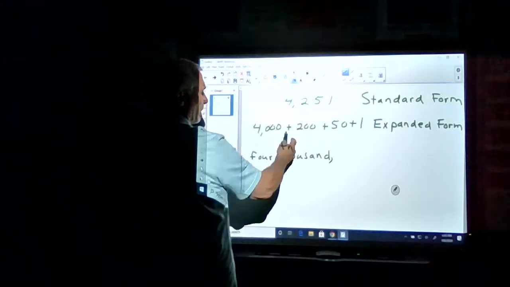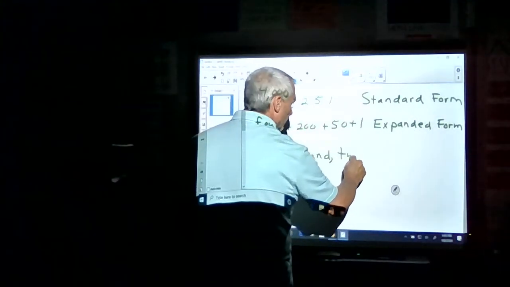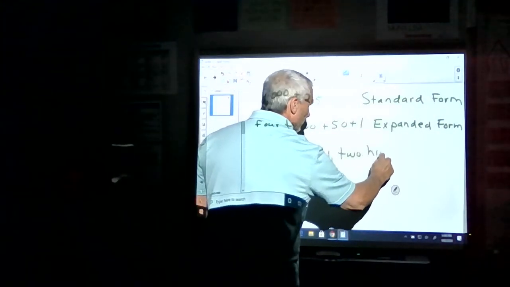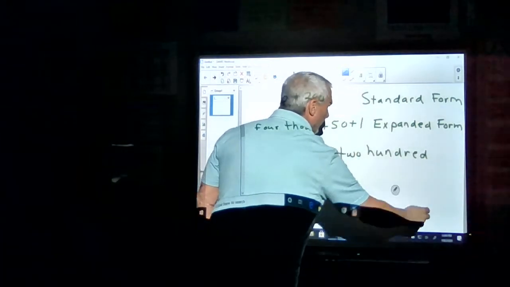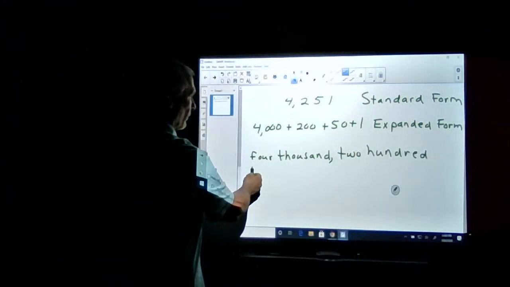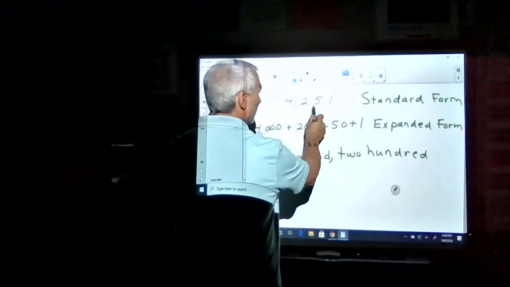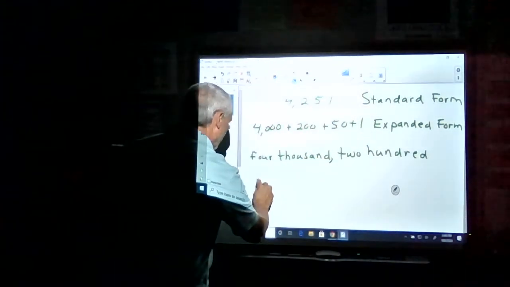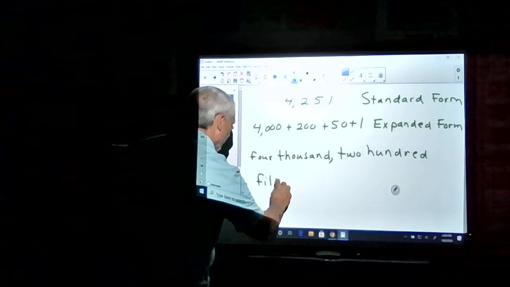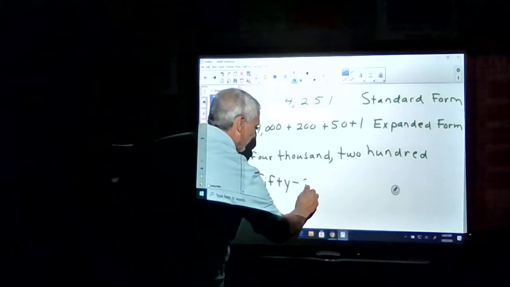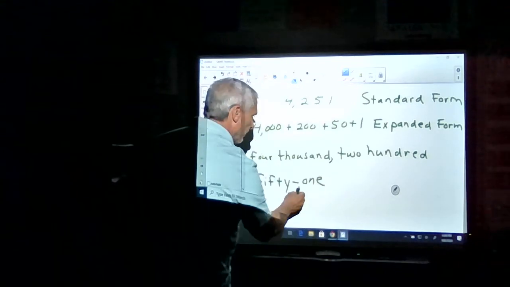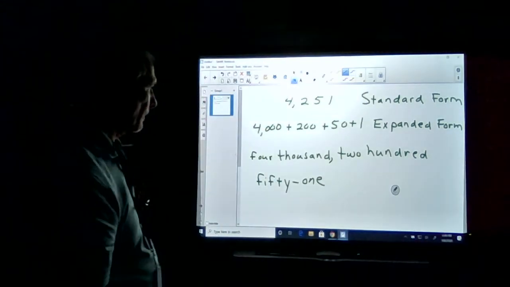Now this is 200, spelled 2, and then 100. And I'm going to have to write down below 4,251. And I'll write my 51 right here, 50. And in between the 50 and the 1, we call that a hyphen right there.